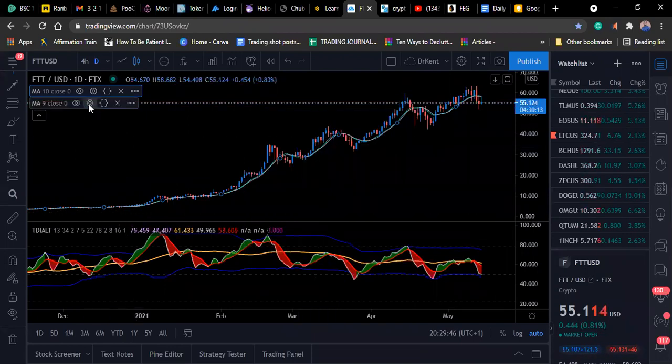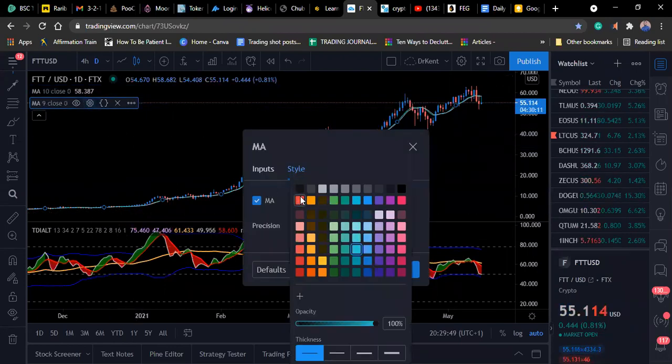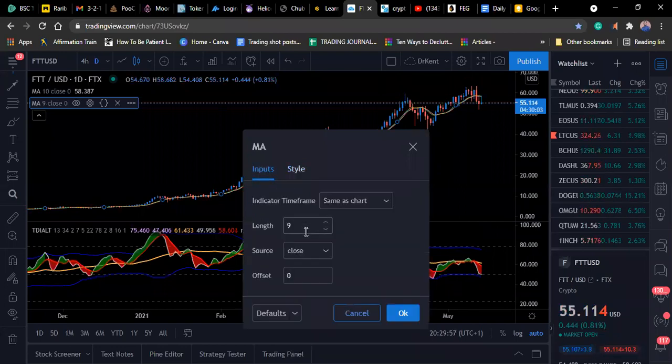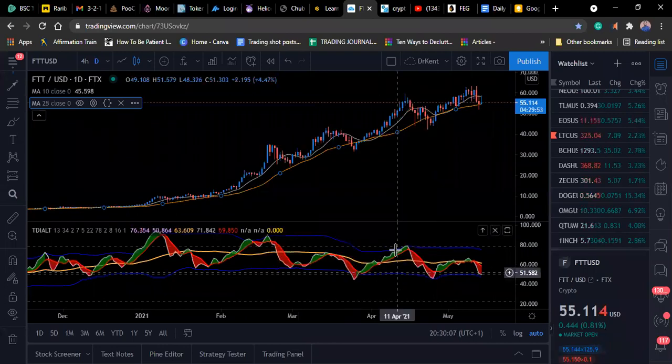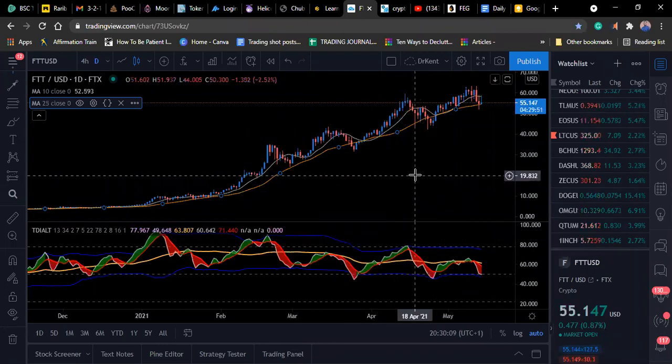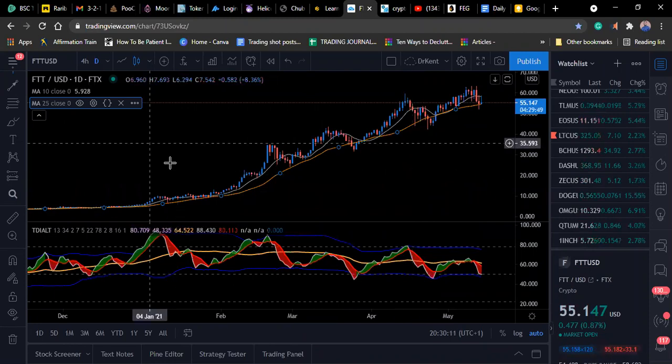Then go to the next one and change it to, let's say, yellow. Then I change the input from 9 to 25, which is in line with my own strategy. Then I click OK. So my indicator template is set.